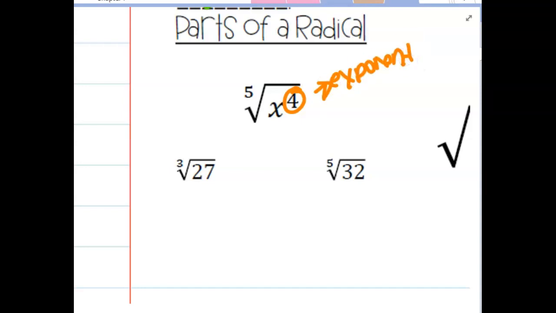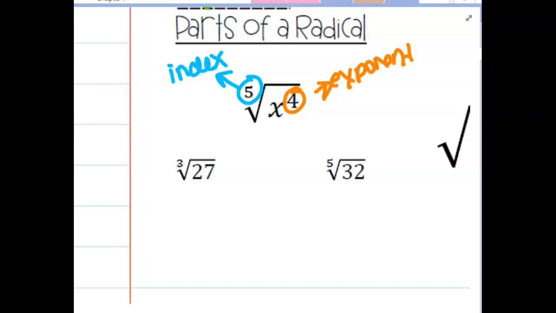It's a power underneath the radical sign, but it's still an exponent. Okay? Now, this number right here is the number that we probably haven't seen before, that if we have seen a square root, there's not a number there. Okay? But today, a lot of times there is going to be a number here. This number is called the index.